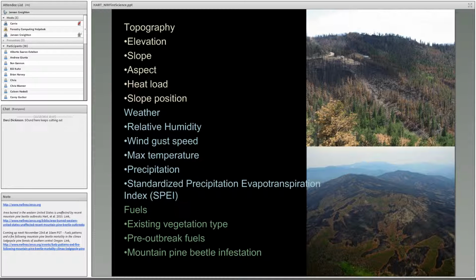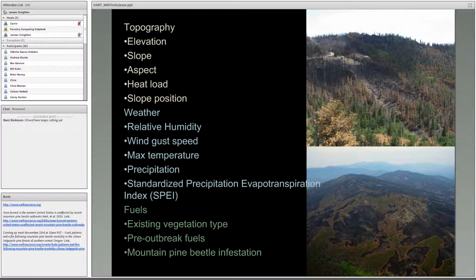So we have all of these geospatial data sets on topography, weather, and fuels. And then I asked how these variables ended up affecting fire severity. The fire severity data I used was, again, from the Monitoring Trends in Burn Severity project. It's the relative differenced normalized burn ratio, or RDNBR, an index of how severe a fire was, collected at a 30 by 30 meter scale based off of Landsat imagery.